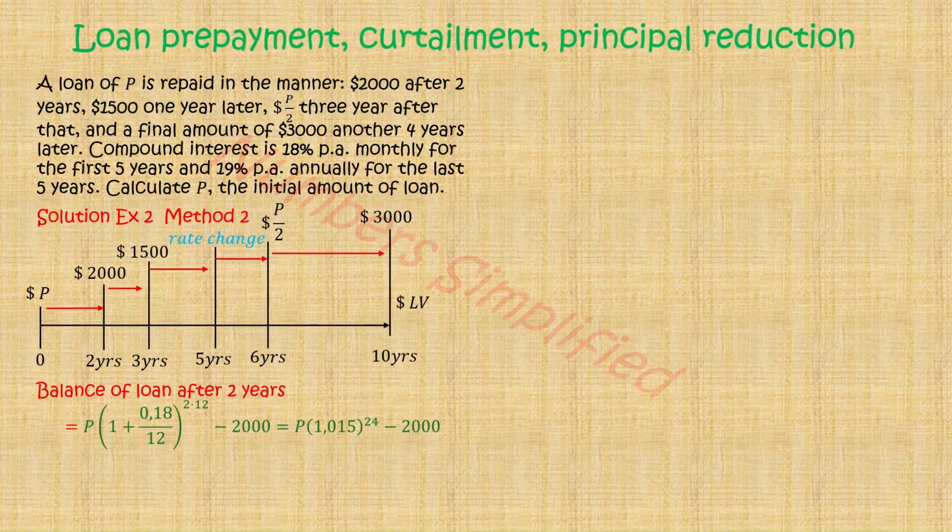Now in the 3rd year, we can also calculate the balance of the loan after 3 years, because we are saying that the balance that was left in the first 2 years accumulated interest for 1 more year, and when the 2nd payment of 1,500 was made, we are going to subtract that from the balance that was left in the previous year.